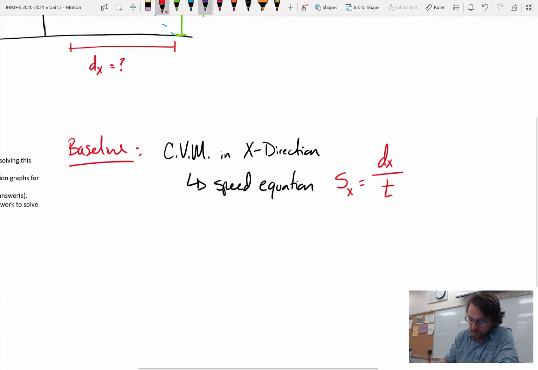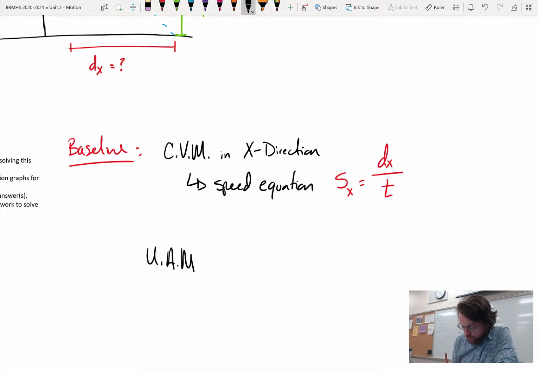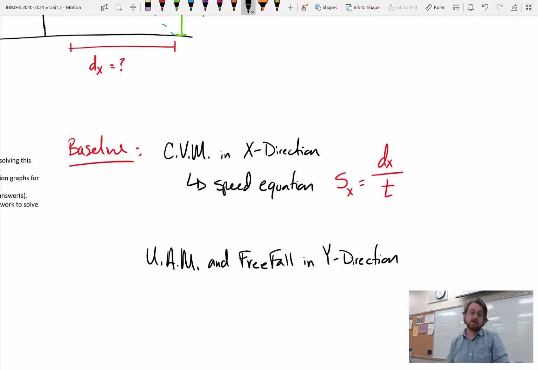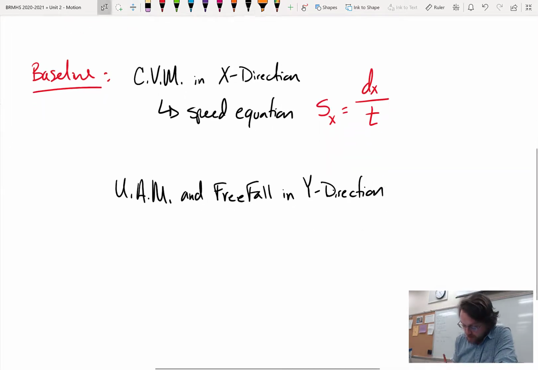Okay, the other main principle that I have is uniformly accelerated motion and free fall in the vertical direction, or I can call that in the y direction. Remember, vertical and y direction are the same thing. X and horizontal direction, those are the same thing. So for that, I can use my free fall equation.